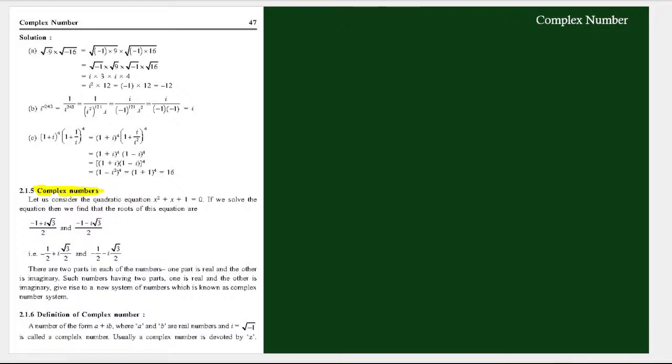Here the equation is given: x square plus x plus 1 equal to 0, and if we try to solve it, we will get this. Roots of the equation: minus 1 plus i root 3 and minus 1 minus i root 3.